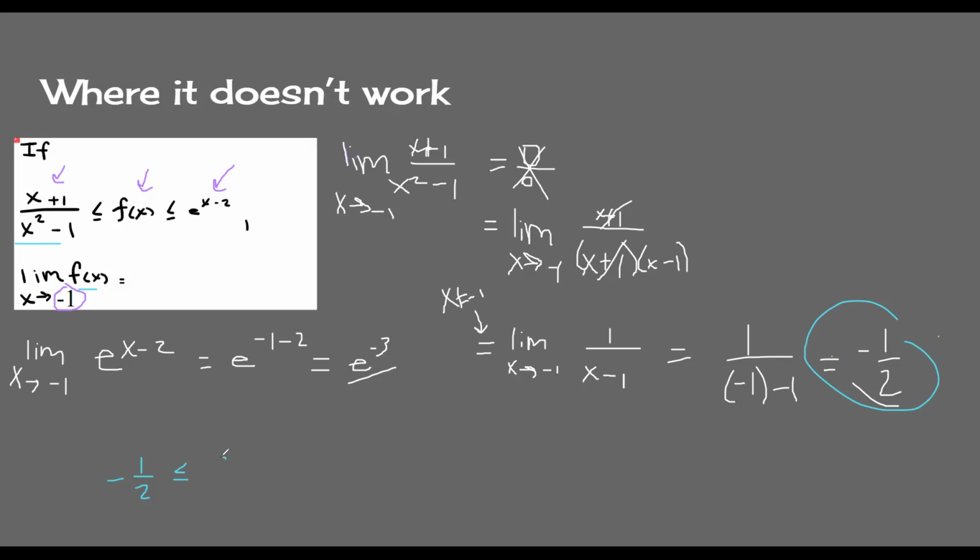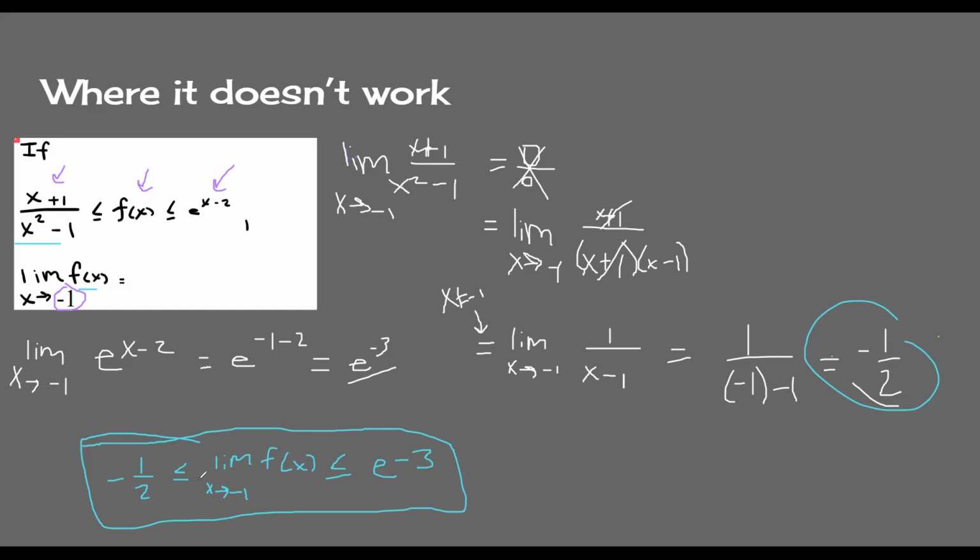And then we can just write the limit of f of x as x approaches -1, and then e to the -3. This statement is true. It doesn't give us an exact answer, but that is acceptable. That's what you would have to say. So when it doesn't work, you end up doing this.